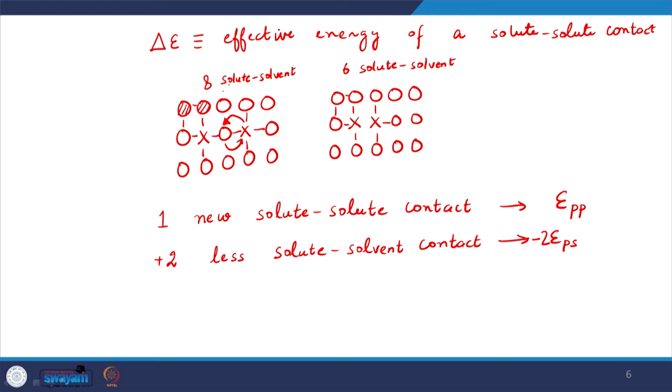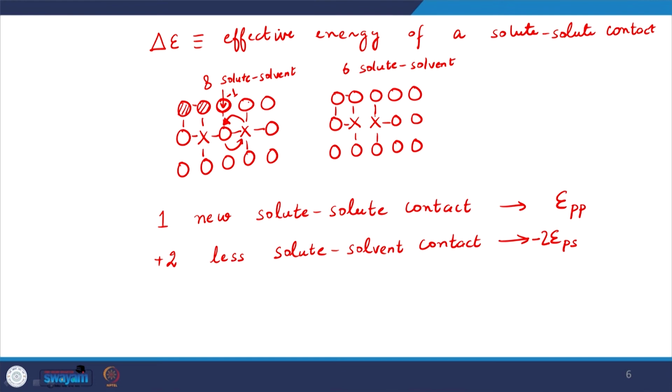But if I look at this guy, earlier it was forming a contact with a solvent molecule, but now it is forming a contact with a solute molecule. So, this guy underwent a change of -1, that is the decrease in the number of the solvent contacts.